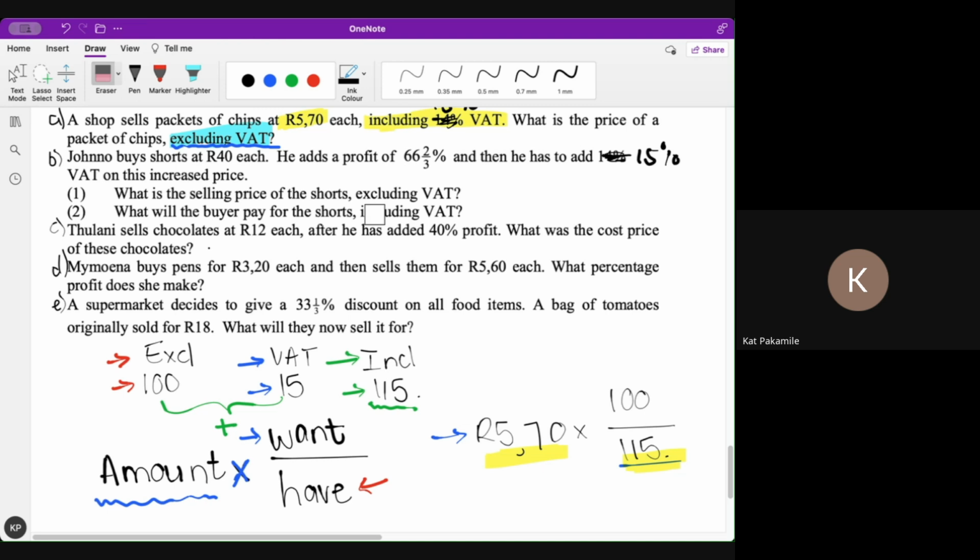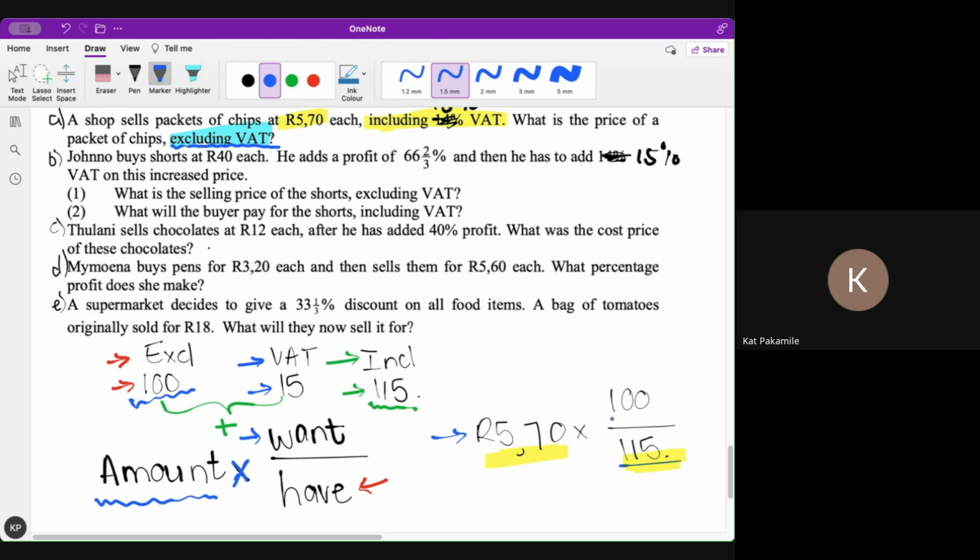5 Rand 70 is our amount, which is why it went to the amount part. And I am multiplying by what I want at the top. What do we want? What's the question here? They said, what is the price of a packet of chips excluding VAT? Now, if you look at my table, the excluding VAT was which one? 100.